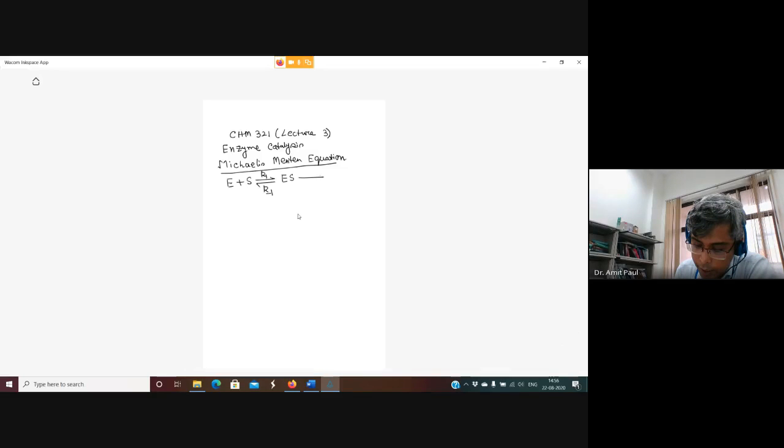And then again ES will form P plus E. Here also the rate constants we have to write K2 and K minus 2 for the reverse reaction. So this is the two-step reaction mechanism we can write for a biological reaction.